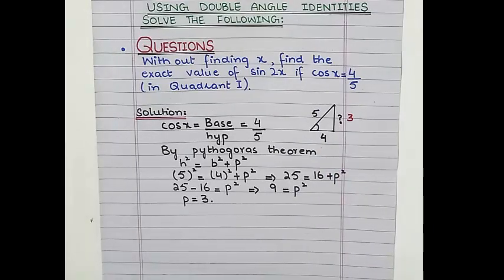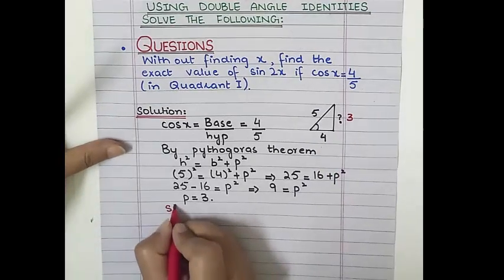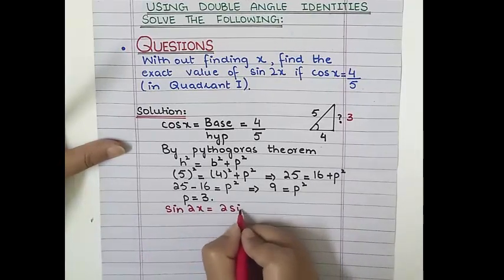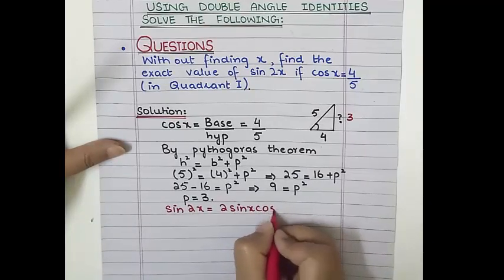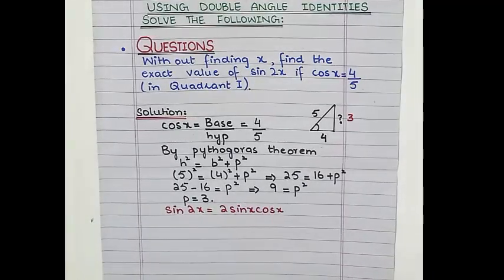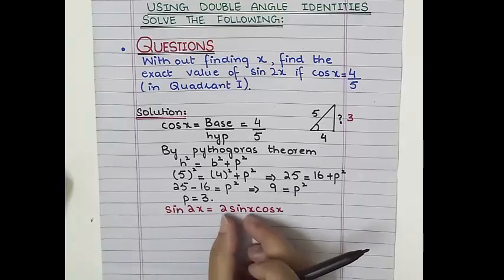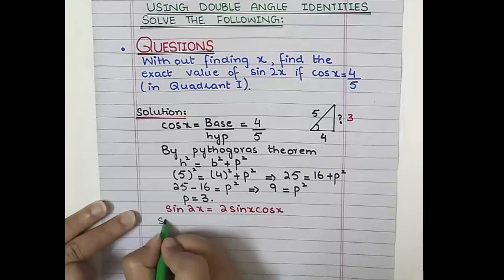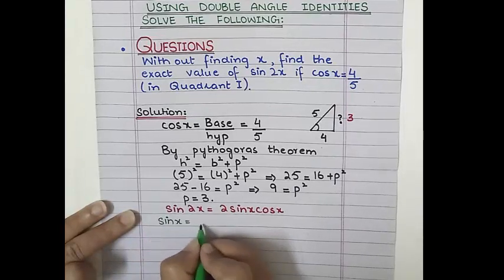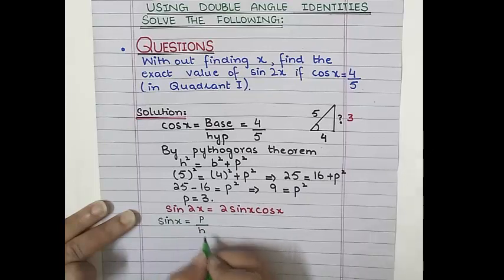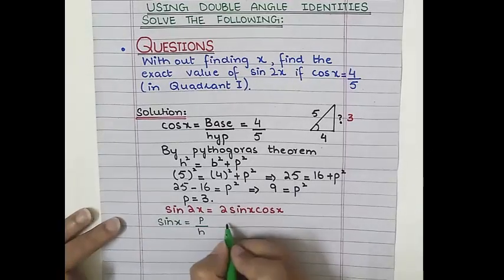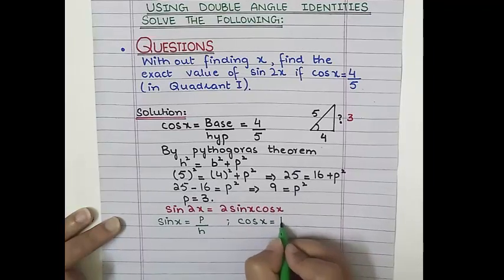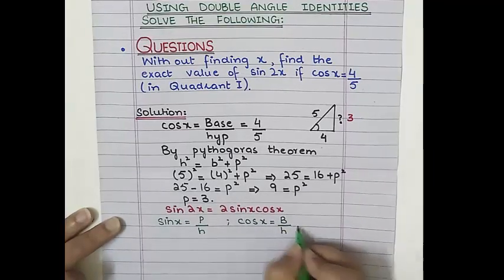Now the formula for sine 2x is sine 2x is equal to 2 sine x cos x. It means we have to find out the value of sine x and cos x. The value of sine x is equal to perpendicular over hypotenuse, and the value of cos x is equal to base over hypotenuse.